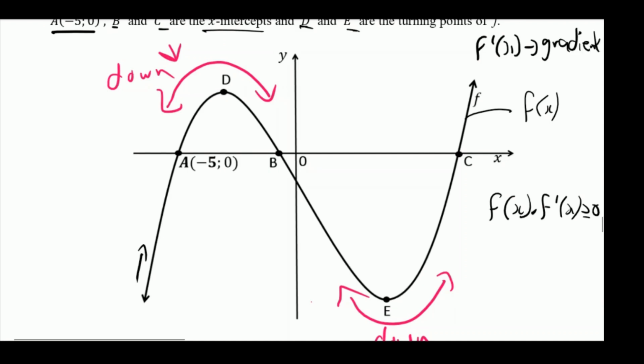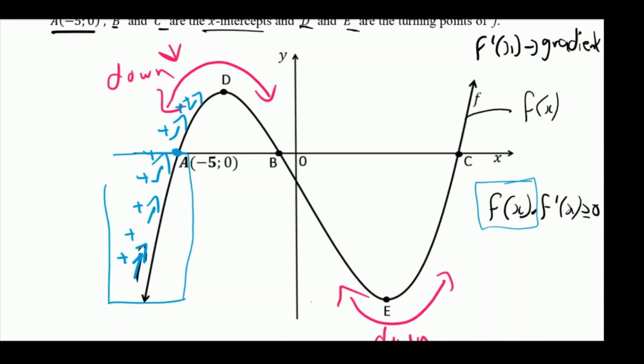So if you start at this point and say this arrow here, on this side of the cubic function the gradient is increasing, so it's a positive gradient. So what are the values of y from this point A going down, just this portion here?